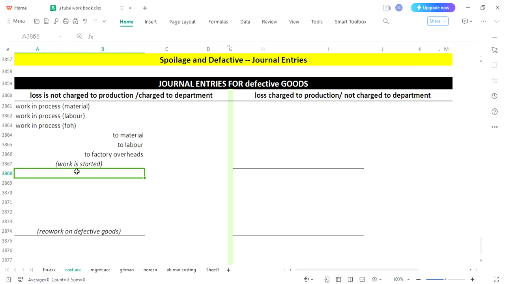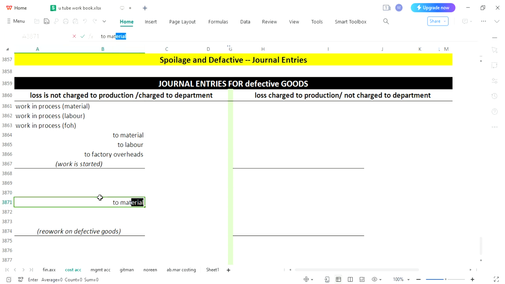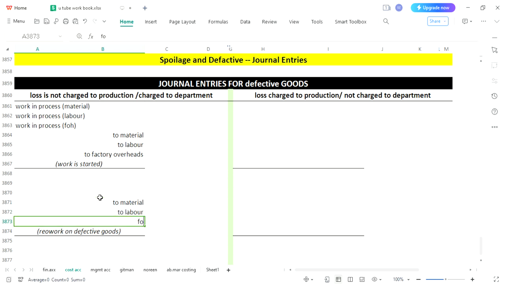So what you have done, you have again used 1, 2, 3. That means you have again used some material and some labor and some FH, with which you started your rework again, but the entry would be the same.